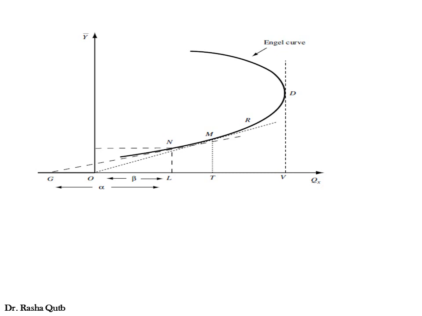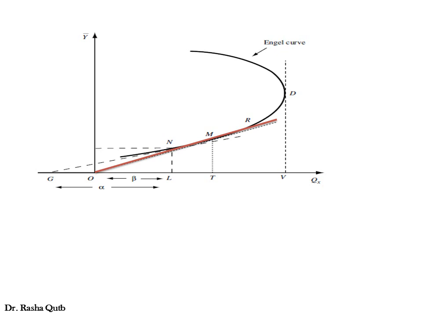By the same token, let's measure the income elasticity of demand at point M, which is a point on the Engel curve. First of all, we draw a line tangent to the Engel curve at point M. We find that the tangent intersects the point of origin.